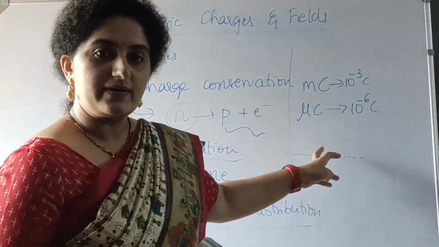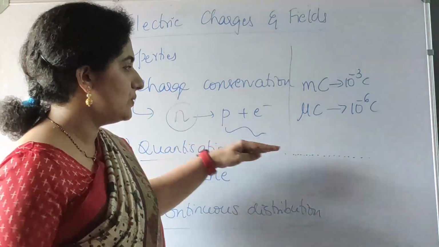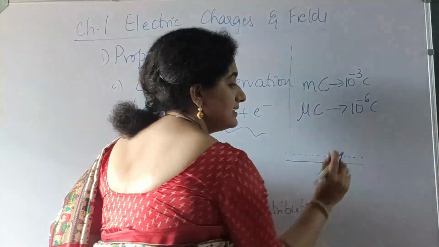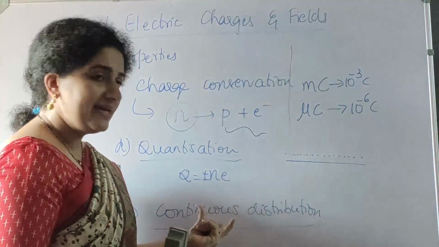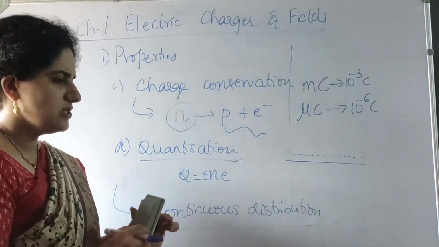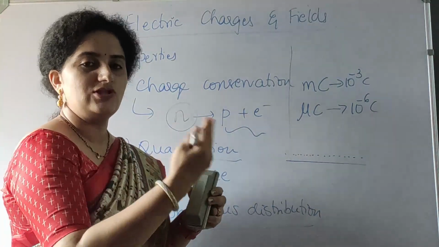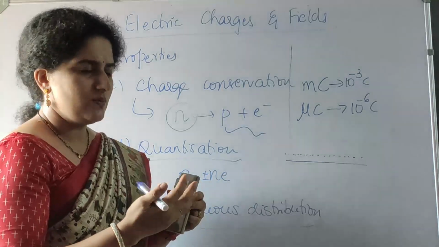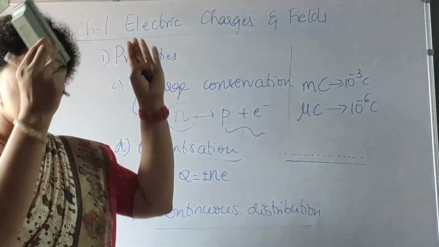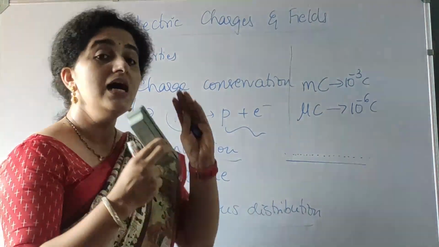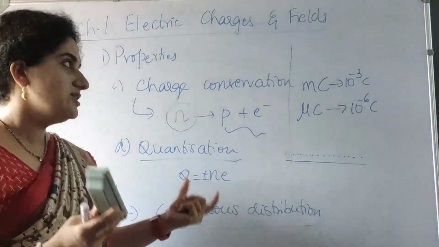If you see these dotted lines from very far, you see them as a straight line. In the same way, if you add very small charges to a system, you cannot measure those very small units. As a whole system, you see a continuous distribution of charges.